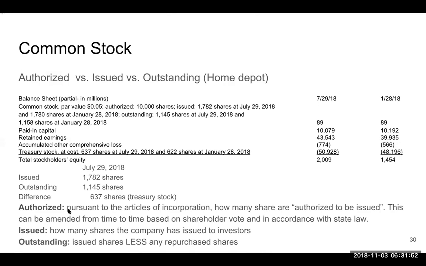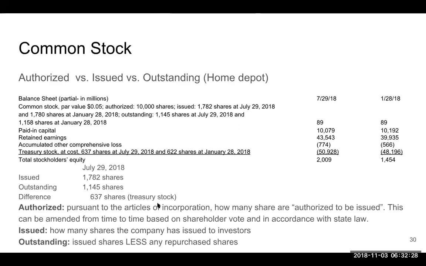Anyways, what is issued? What issued means is how many shares has the corporation gone out and sold or issued out to other people? And outstanding is, well, the issued and outstanding can be the same number, or it can be different. And why would it be different? Well, here in this example, Home Depot has repurchased about 637 million shares of its own stock.